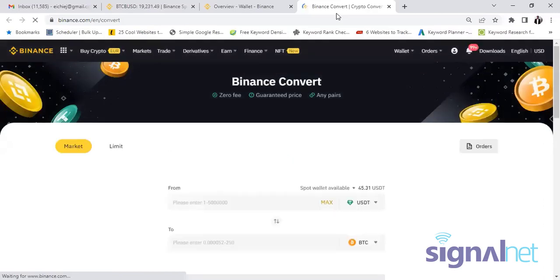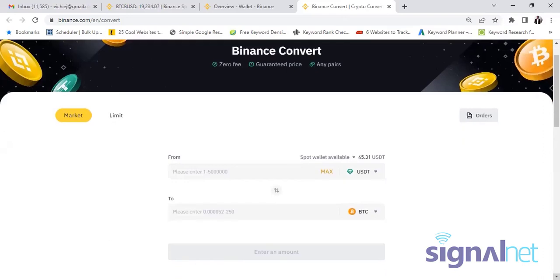For example, if I've been given a signal that, hey, Terra Luna is going to rise, let's say that day when I said that Terra Luna is going to rise, let's say in your Binance account, you had 50 USD, 30 USD, 40 USD, whatever the exact amount is.